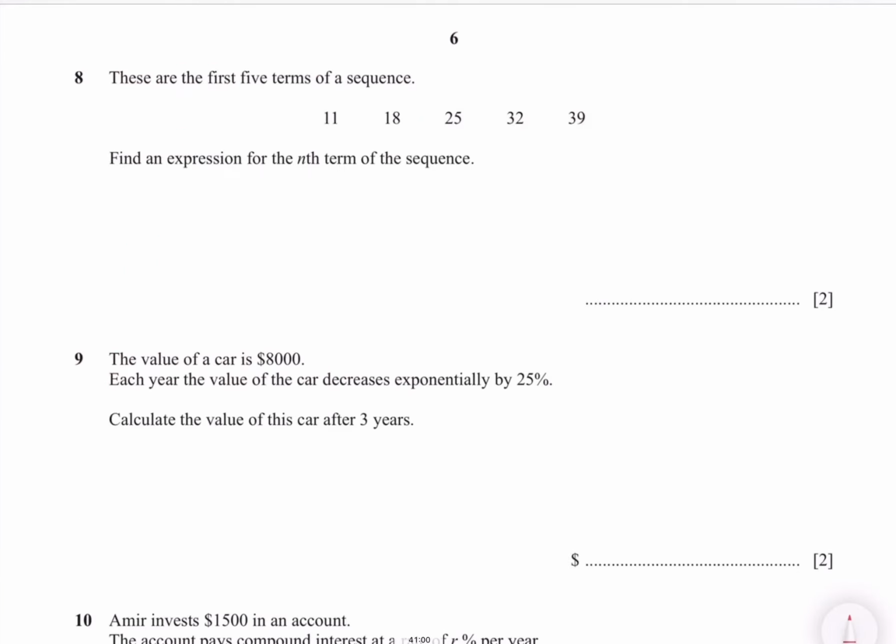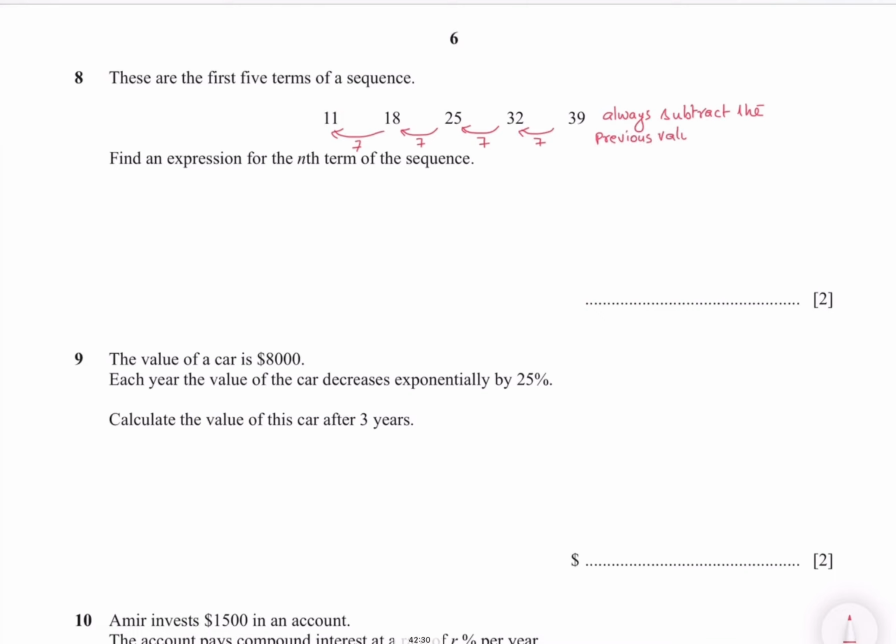Question number 8. These are the first 5 terms of a sequence. Find an expression for the nth term of the sequence. Start by finding the difference between the first two, but remember, always subtract the previous one from the next one. So 18 minus 11 gives you 7, 25 minus 18 gives you 7, 32 minus 25 gives you 7, 39 minus 32 gives you 7.